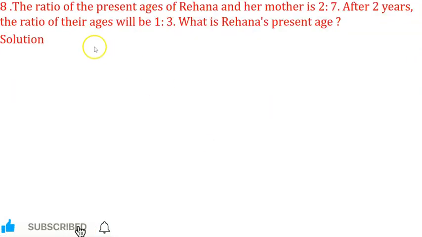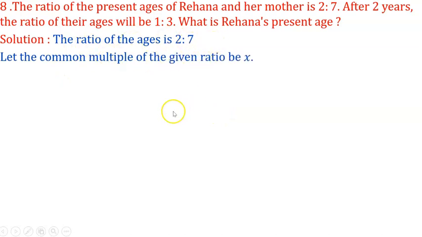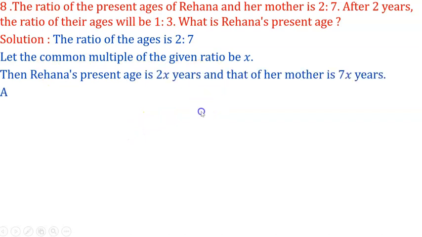Now next example. The ratio of present ages of Rehana and her mother is 2:7. After 2 years the ratio of their ages will be 1:3. What is Rehana's present age? Now here the answer, the ratio of ages is 2:7. Let the common multiple of the given ratio be x.